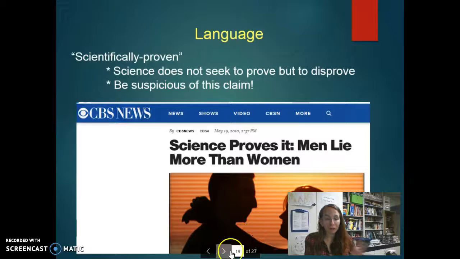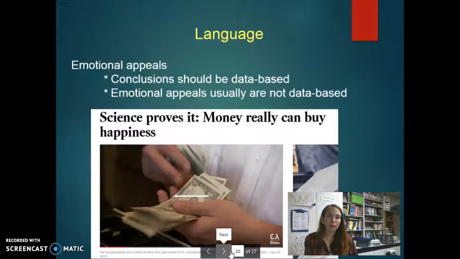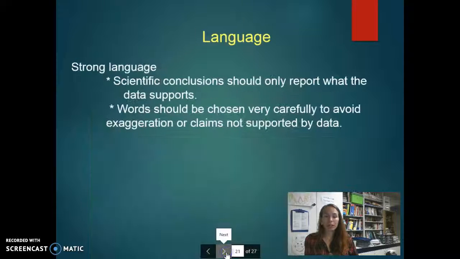So be very suspicious of that claim. Emotional appeals, so money can buy happiness. Obviously, the emotion here would be happiness. You might be wanting to click on this because you would want to find out, oh, is this real? So it's really clickbaity. And then you see strong language. Use of strong language should not be necessary to convince you. The data should convince you.